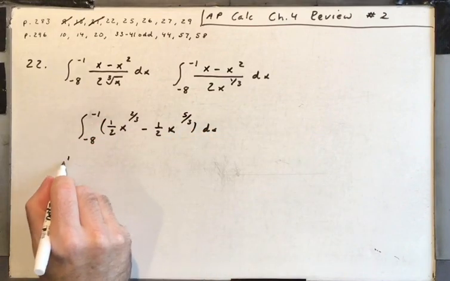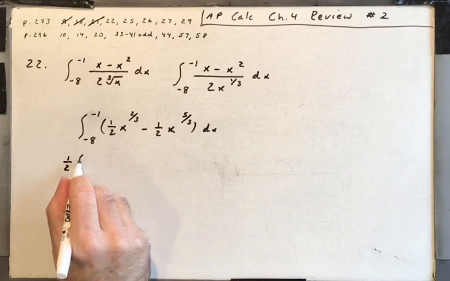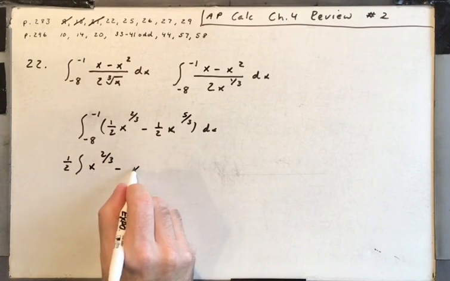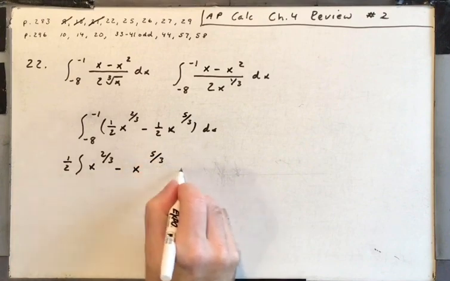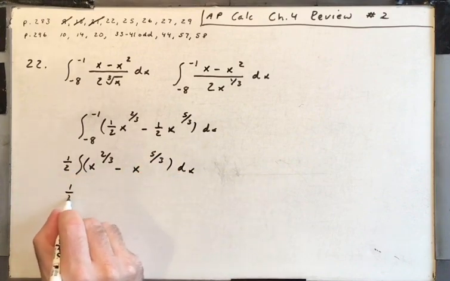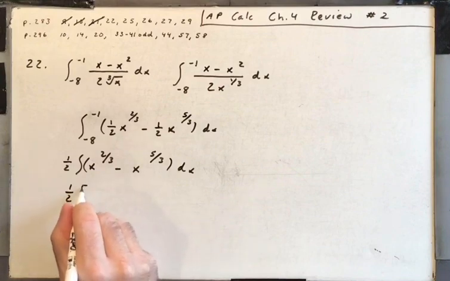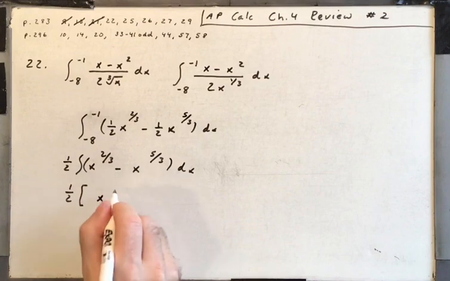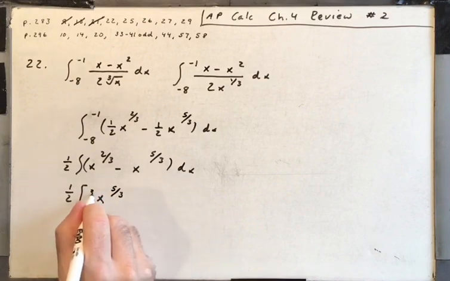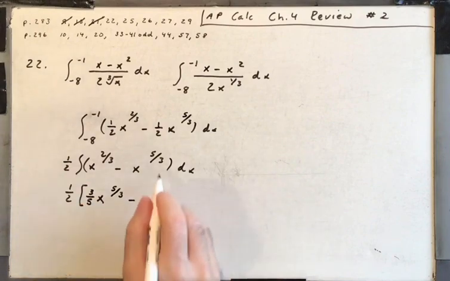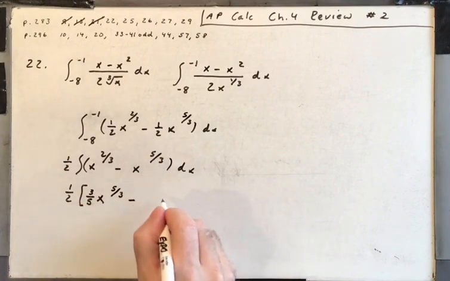All right, let's bring that 1/2 out front. We have x to the 2/3 minus x to the 5/3. Okay, so that's going to be 1/2, and then we would have x to the 5/3, but I'm going to need a 3/5 out front, minus, and this would be 8/3, right?